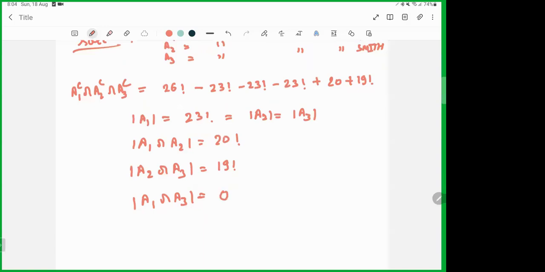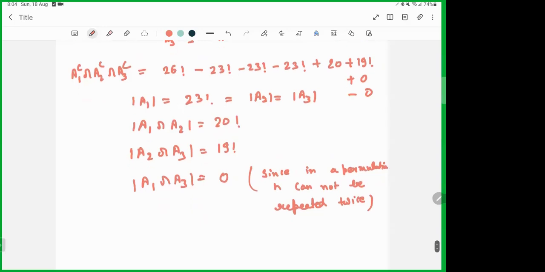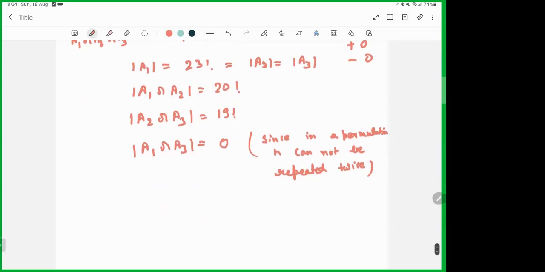So this will be 0, since in a permutation a letter cannot be repeated. So that means this term is plus minus 0. So you can compute this number. What is this? So this will be the required solution. So is it clear?